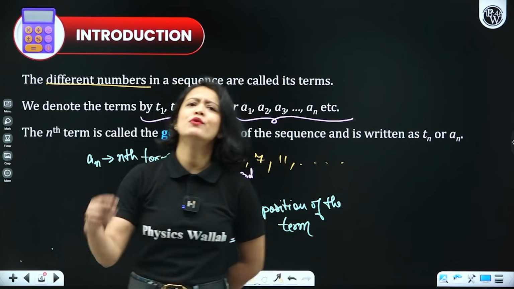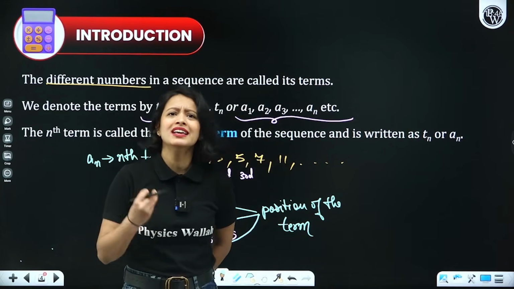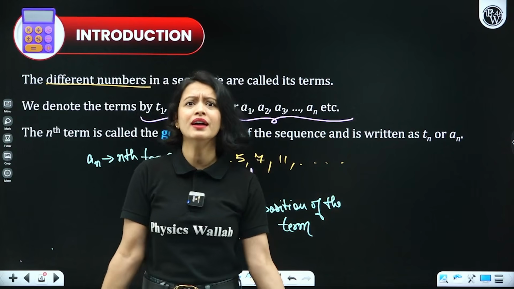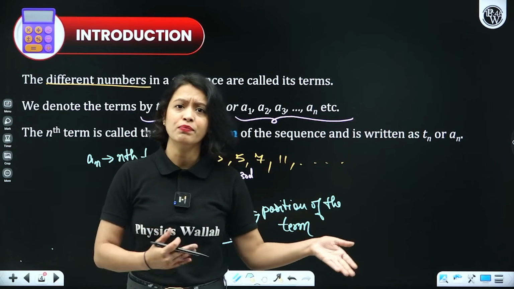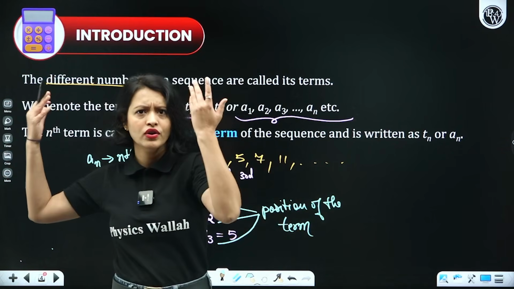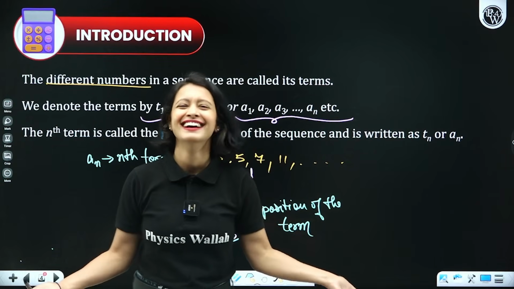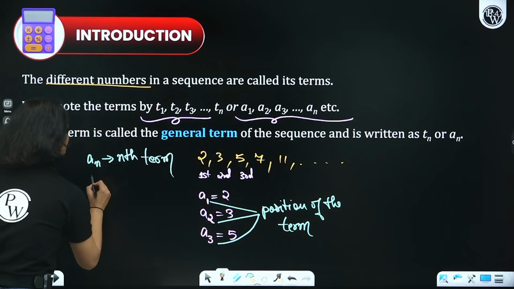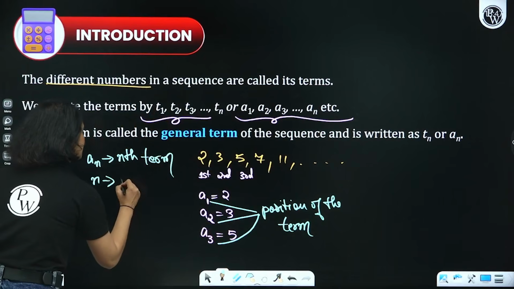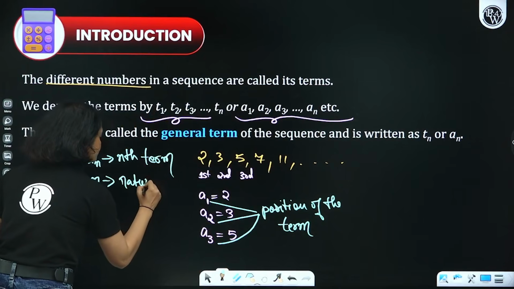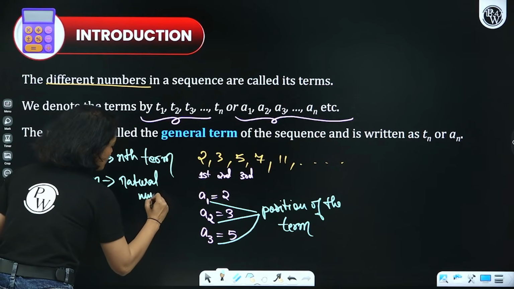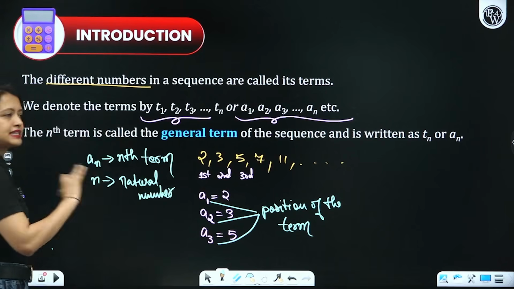Positions are always natural numbers. Positions are either 1, 2, 3, 4, 5, 6, and so on. There is nothing that can occur at a position of, let's say, half. So this n will always be a natural number. Got it? Simple?